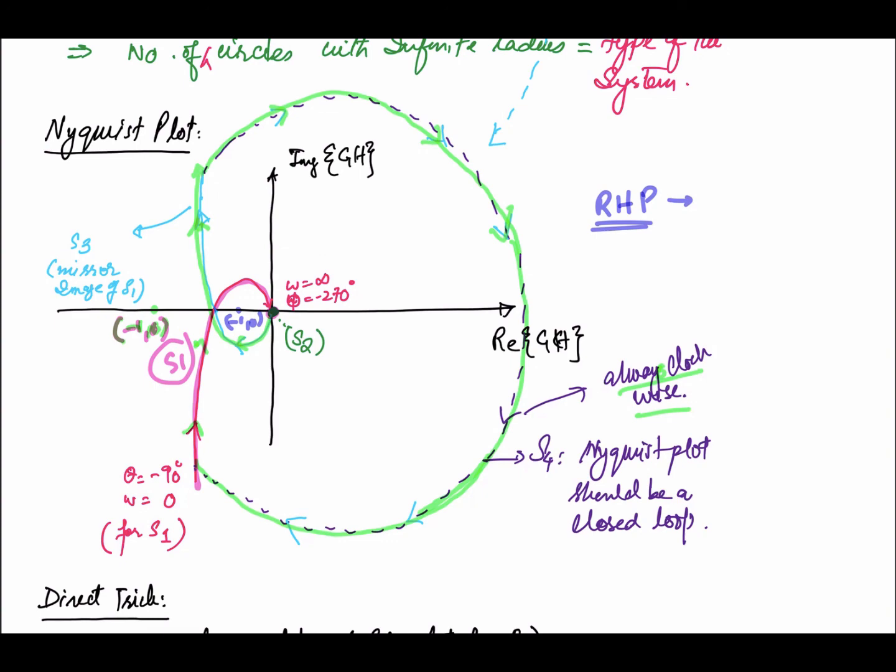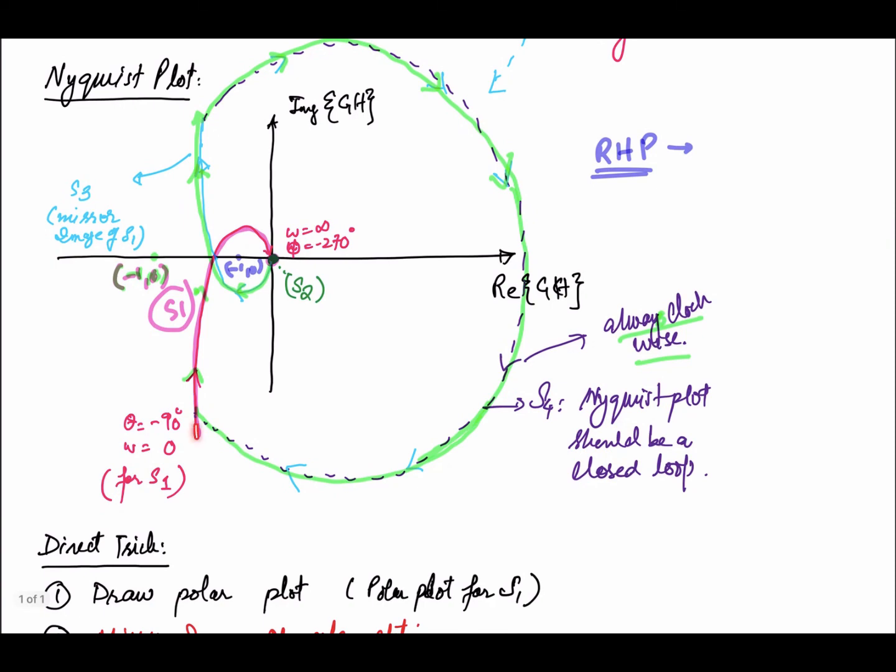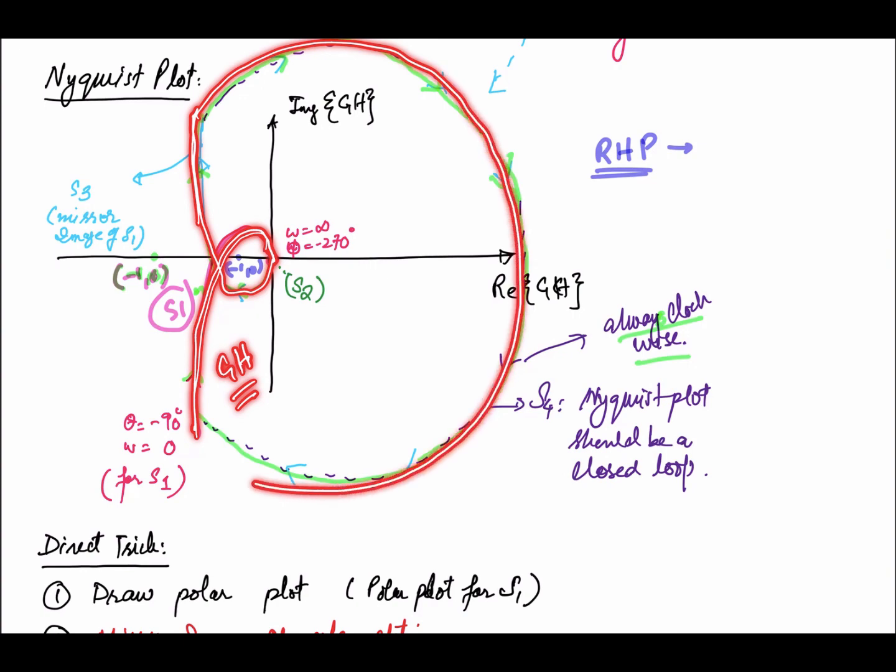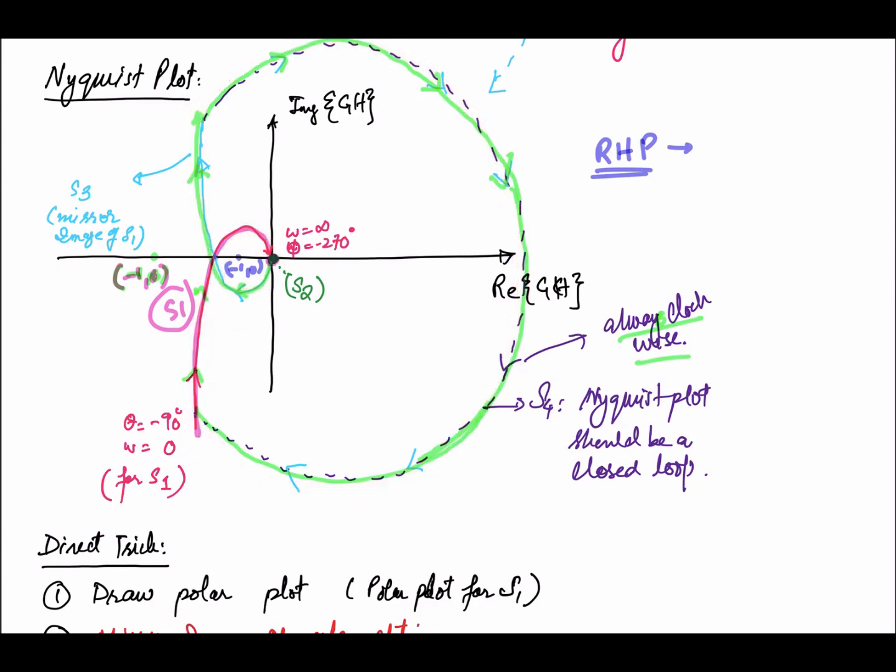Okay, now how easily can you get the Nyquist plot? I have discussed the whole procedure, but if you get the polar plot of your open loop transfer function G(s)H(s), first of all sketch that one, then take the mirror image of this polar plot, and then combine these endpoints with the help of the infinitely large circle, in the direction of the encirclement that you can observe.